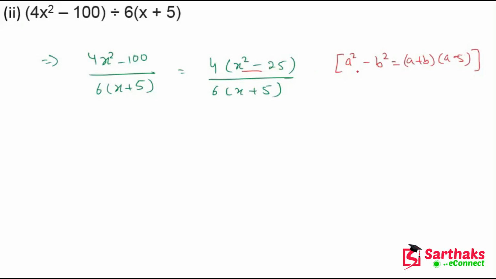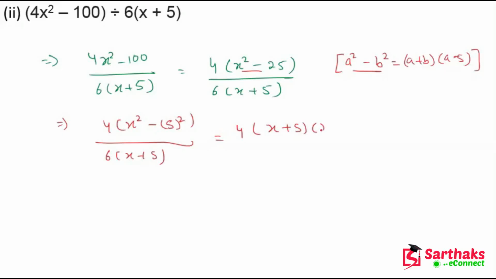So this expression is 4 into x square minus 5 square, and the denominator is 6 into x plus 5. We can write it as 4 into x plus 5 into x minus 5, divided by 6 into x plus 5.